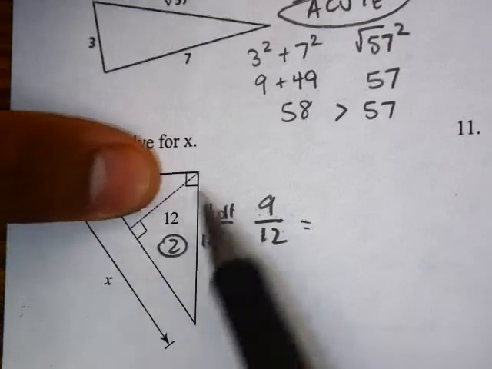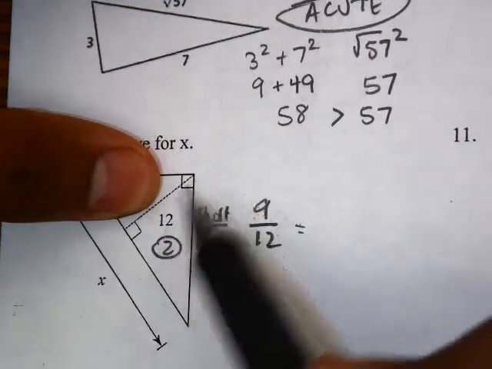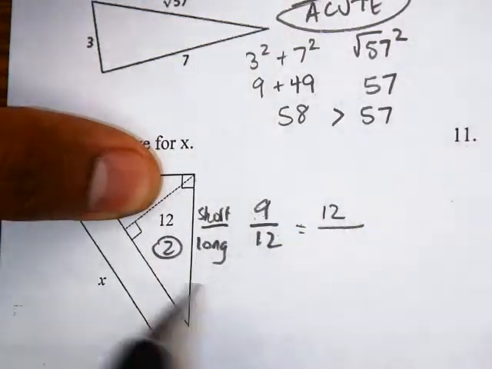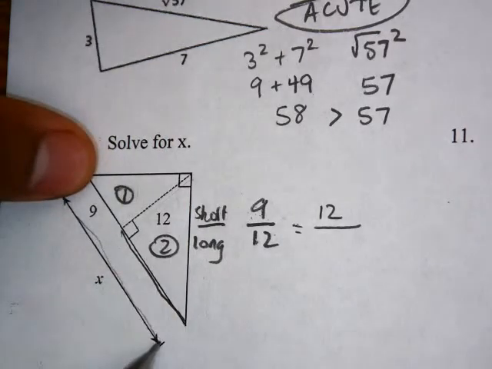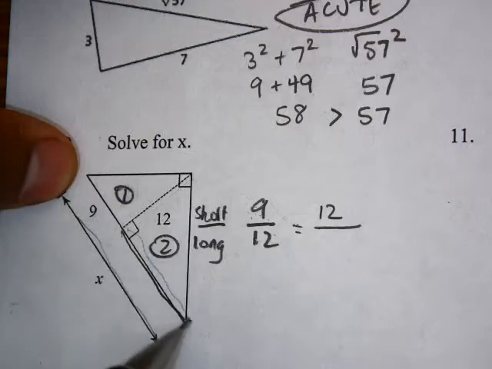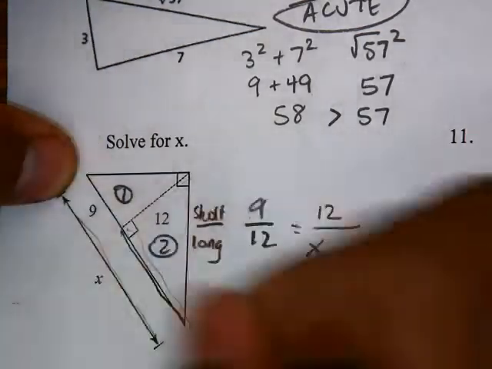In triangle 2, the short leg is 12. This is shorter than this part. And the long leg is this, but I don't know how much that is. This is called x. But this part, I can say that's x minus that 9.